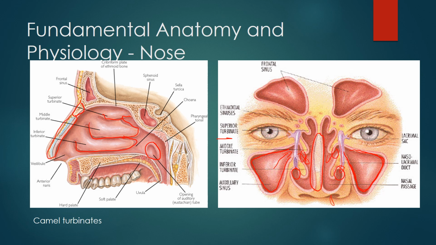So if we have some inflammatory process going on within the paranasal sinuses here, as we become congested or inflamed around this meatus, that will stop mucus from being able to drain from the paranasal sinuses into the nose.